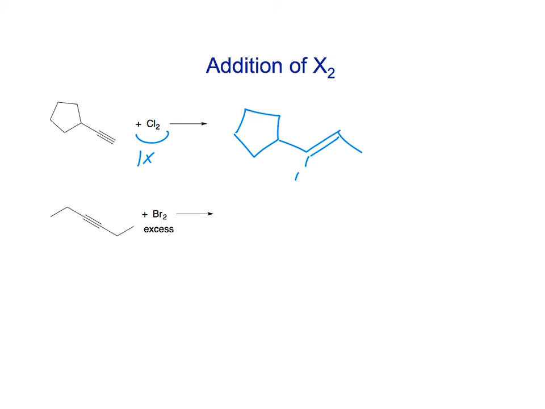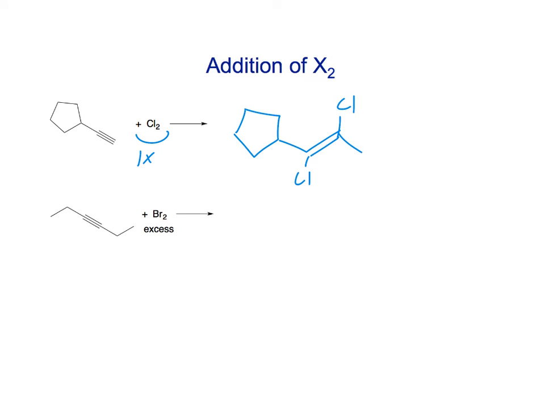The halogenation of alkynes follows a mechanism identical to that for alkenes. And again, this reaction, depending upon how much halogen we add, can add either one time and we can stop, or it can add two times to react as many times as possible. So if we add only one equivalent of chlorine, it will give us a chlorine on each carbon.